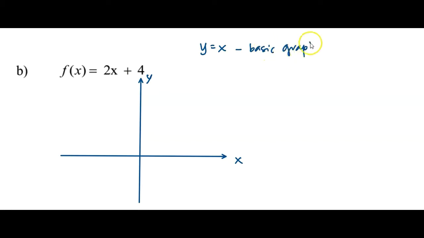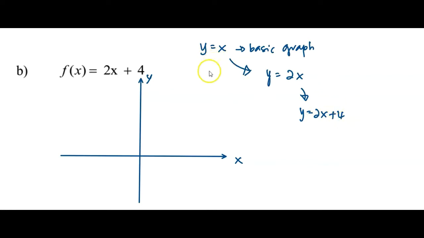From y equals x, we are going to sketch the graph of y equals 2x, because my function is 2x plus 4. After we have sketched y equals 2x, I'm going to sketch the graph of y equals 2x plus 4.